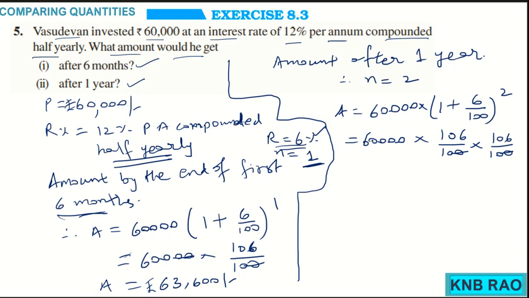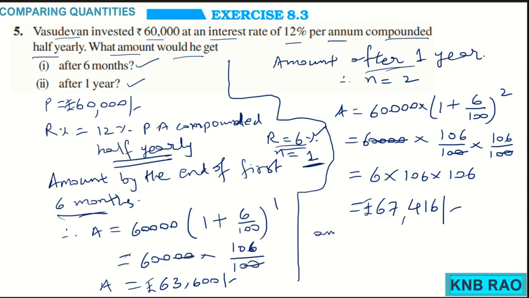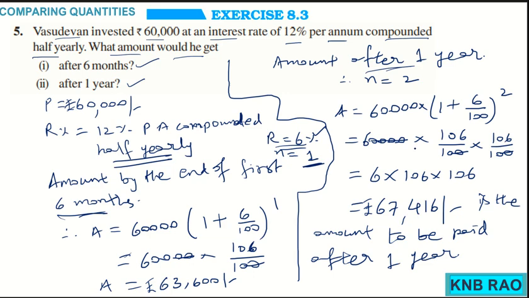These 4 zeros will cancel with these 4 zeros. Now you have to multiply 6 into 106 into 106. You will get 67,416 rupees, which is the amount to be paid after 1 year. So, this is how we solve this question.